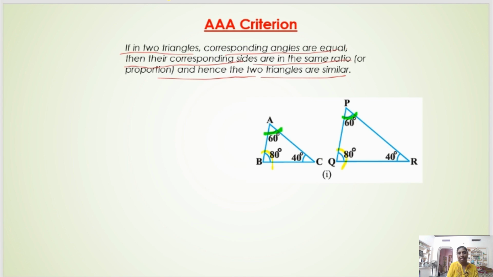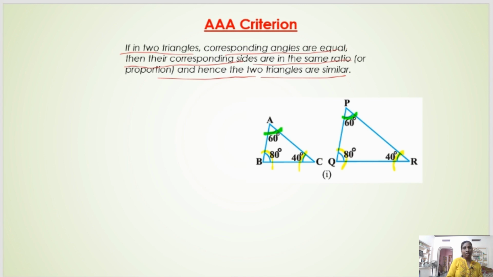These are equal, and here angle C and angle R are equal to 40 degrees. So here corresponding angles are equal. This is enough to check whether the triangles are similar or not, because if the corresponding angles are equal, then automatically the ratio of their corresponding sides will be equal.